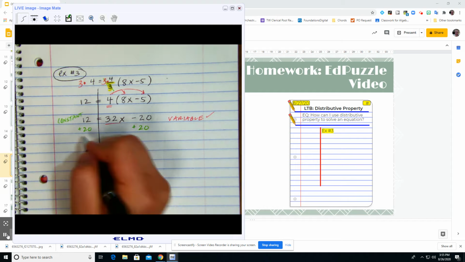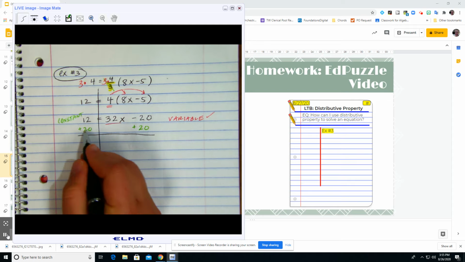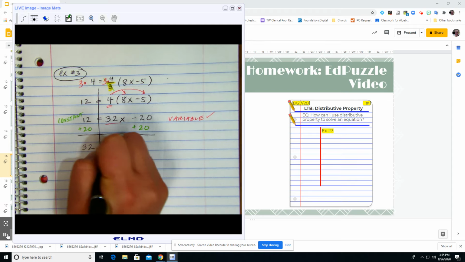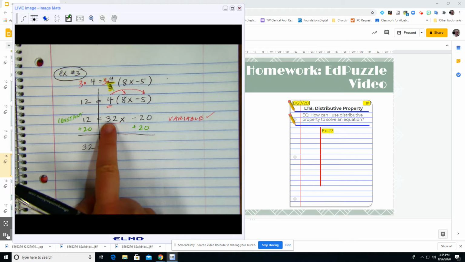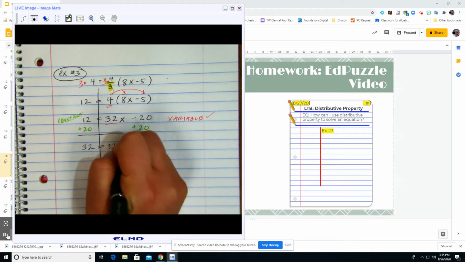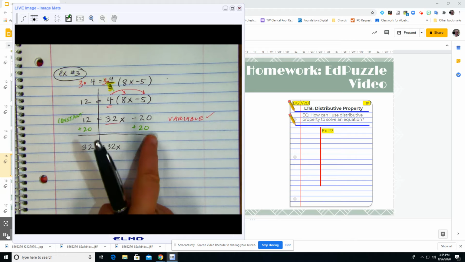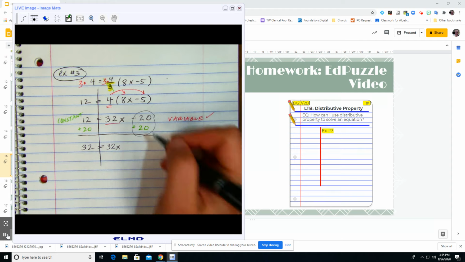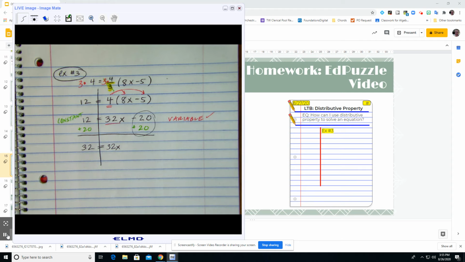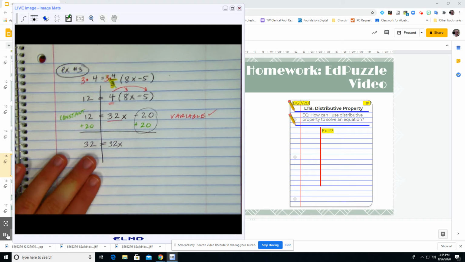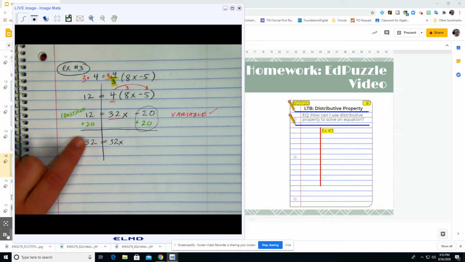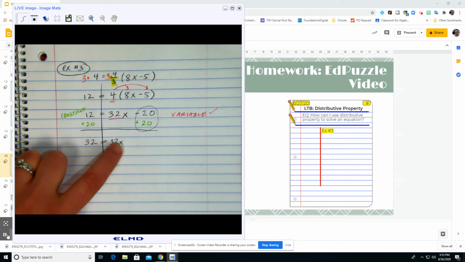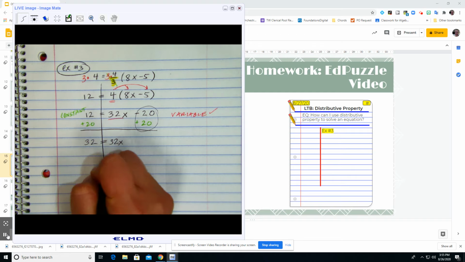So when I do that, I get 12 plus 20 is 32. Bring down my equal sign. I still have 32x because I didn't add or subtract any x's. And look, our constants became a zero pair, so they are now gone on the right side of the equation. You might be able to do this multiplication in your head. 32 equals 32 times what? 1 times 32.